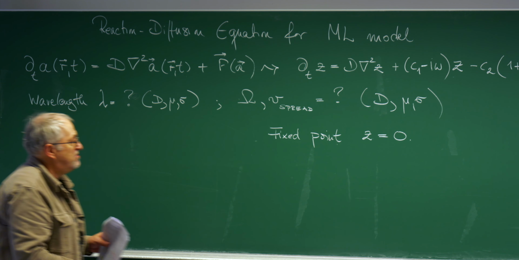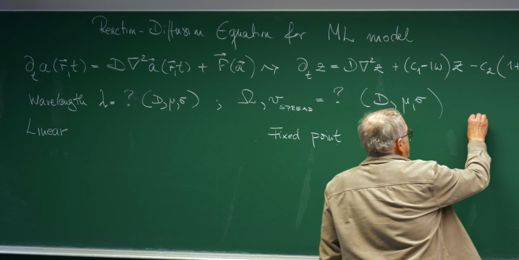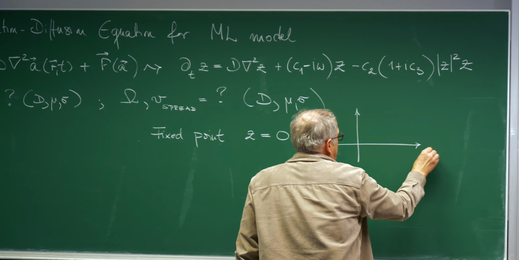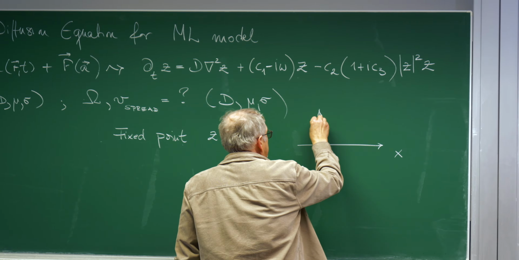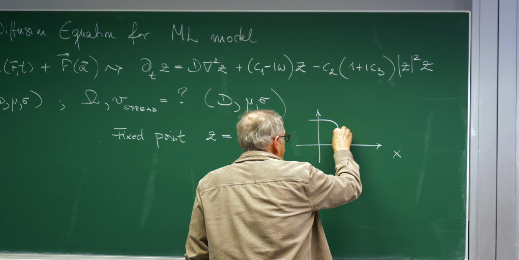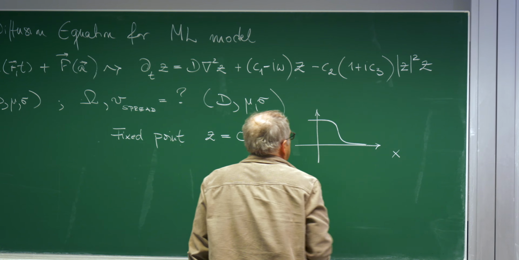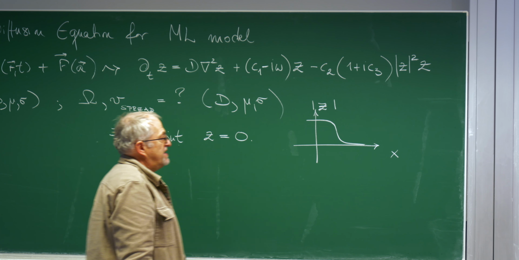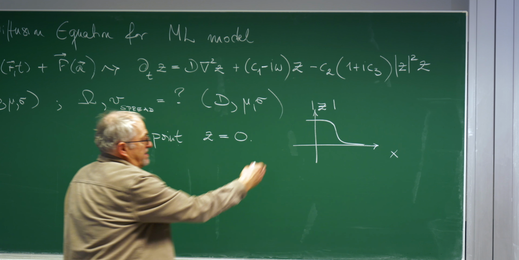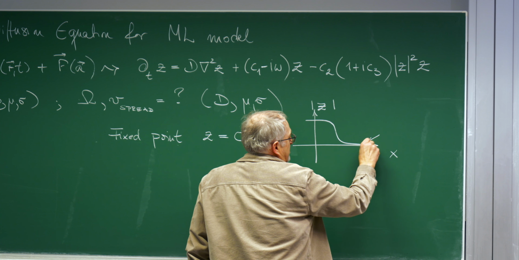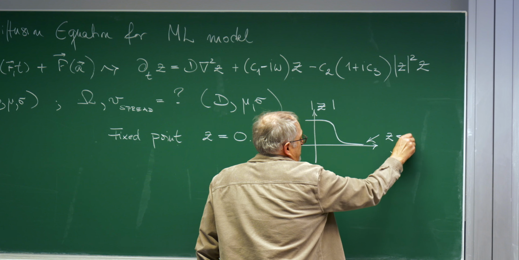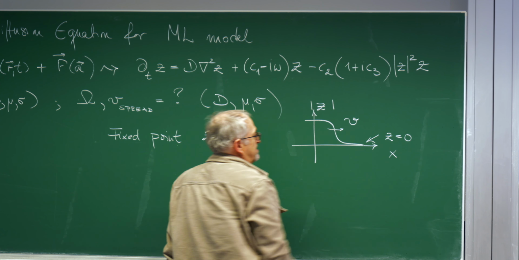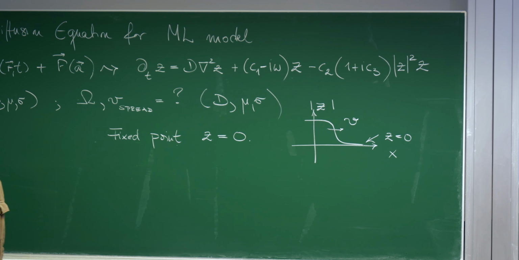And you want to calculate then in those systems, so let's say take a cut in space, and you have some kind of front, and this is the amplitude of z, then this is spreading into the regime where z is equal to 0, and you want to know what's the velocity of that spreading front.